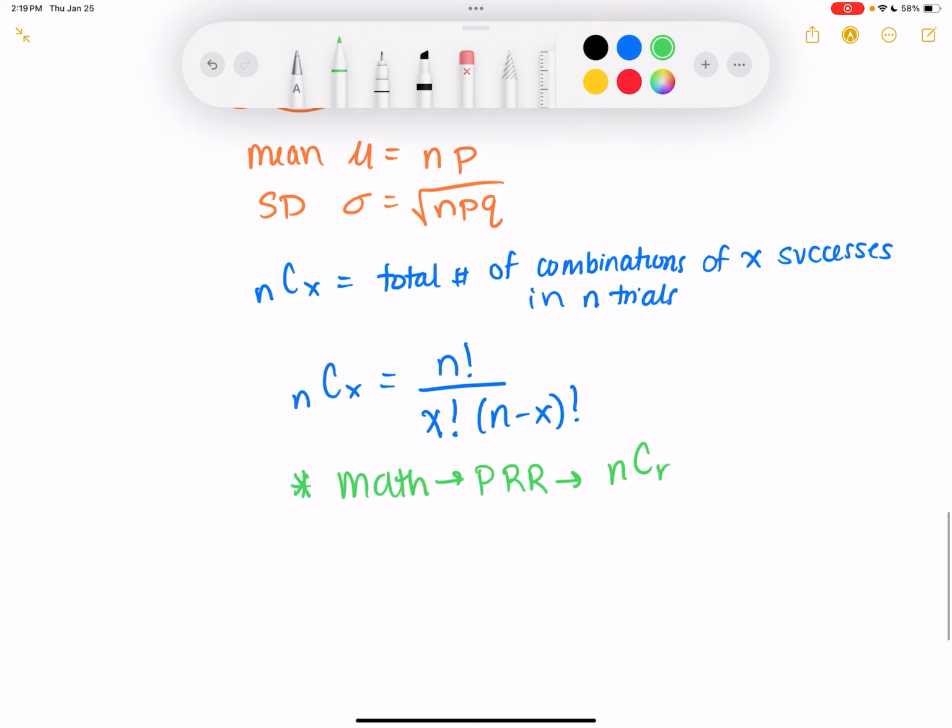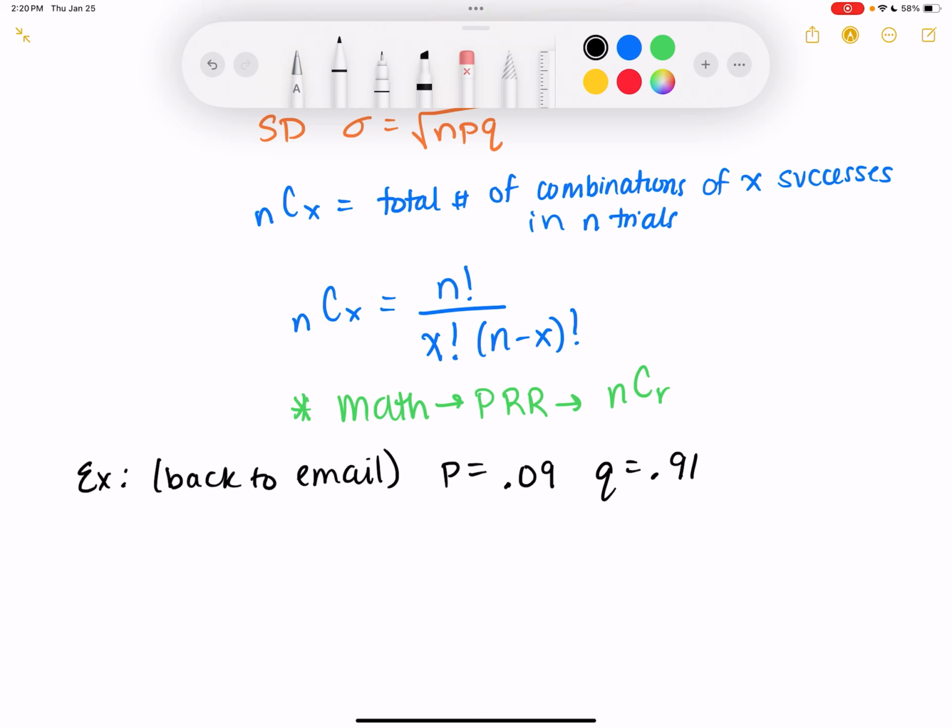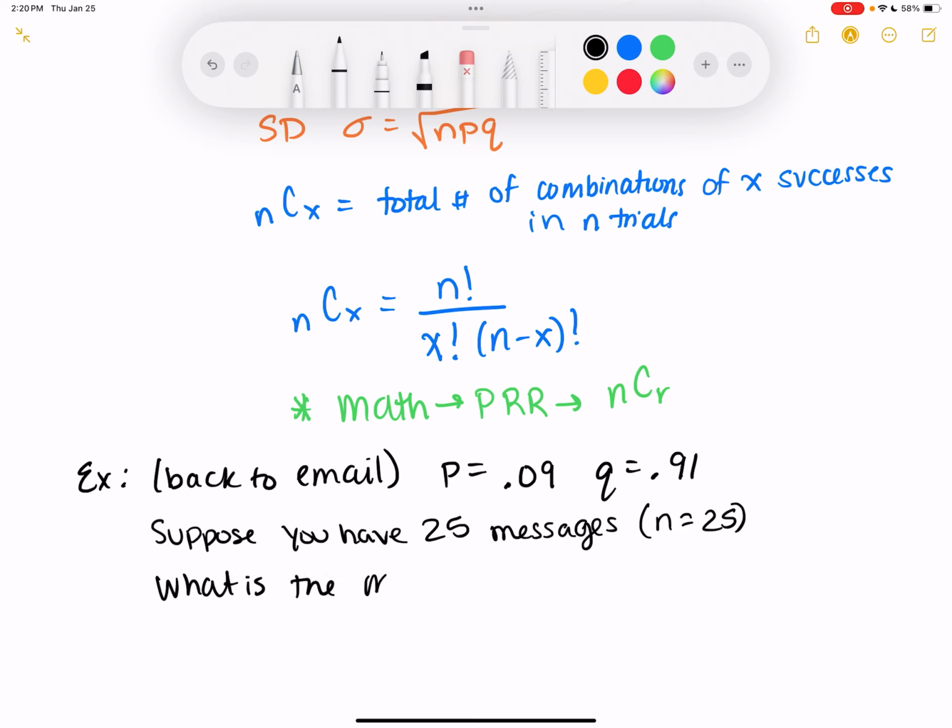So I'm going to go back to the email example for a minute. Just as a refresher, P was 0.09 and Q was 0.91. So suppose you have 25 messages, meaning N is equal to 25. What is the mean and standard deviation of real messages?